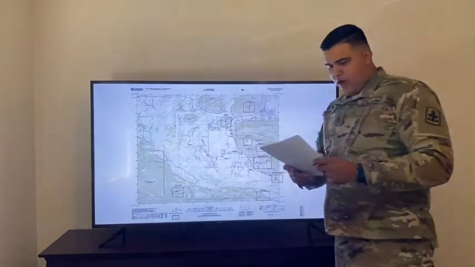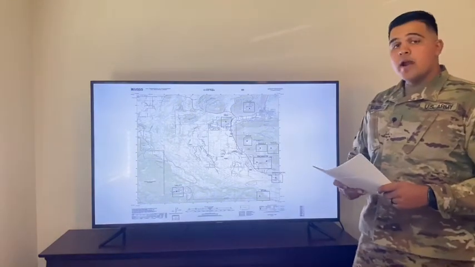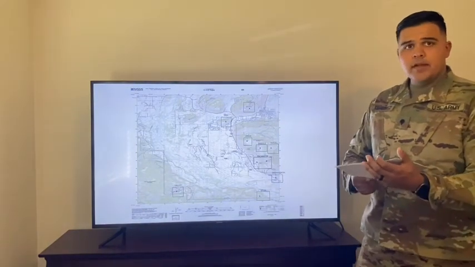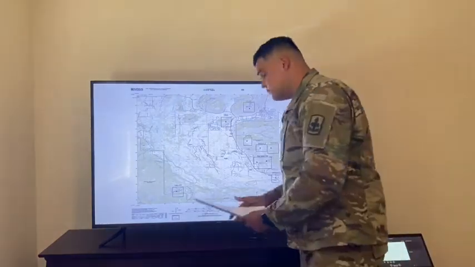Alrighty, I've gone through this map and I've identified each terrain feature in each square. I will bring you guys a little bit closer so you can see what I did and you get an idea of what you're going to be graded on.